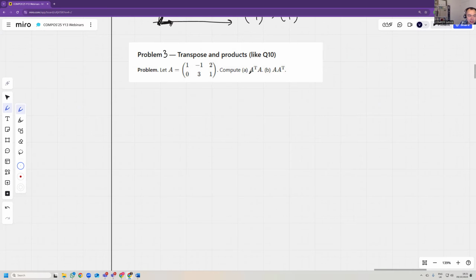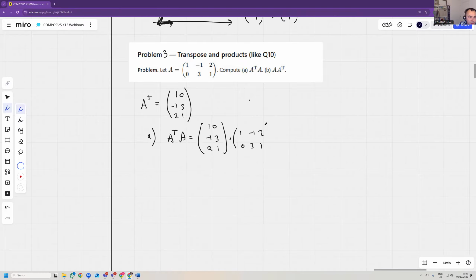So the transposed matrix, AT, would be [1, 0; -1, 3; 2, 1]. To get the transposed matrix, you just switch the rows and columns, and now we need to find ATA. So that becomes [1, 0; -1, 3; 2, 1] multiplied by A, which is [1, -1, 2; 0, 3, 1].